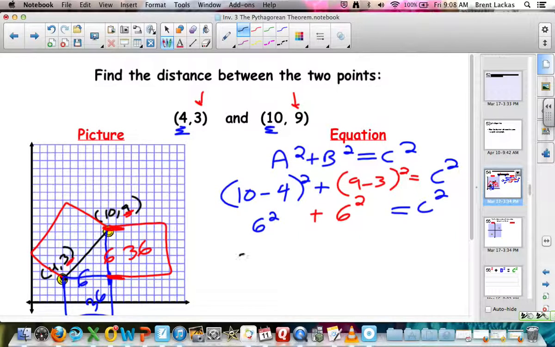From here, I can use Pythagorean theorem. Area of this hypotenuse square is 72.